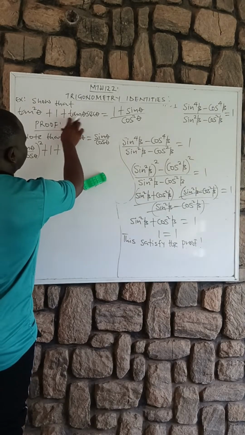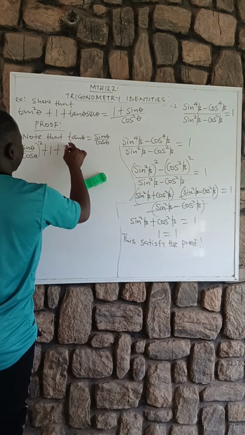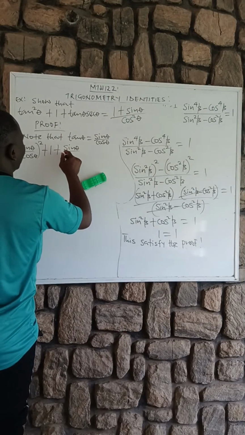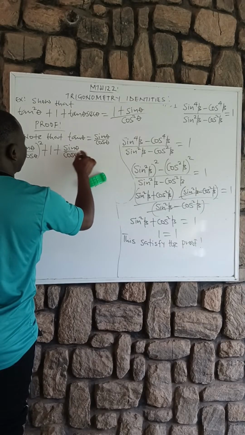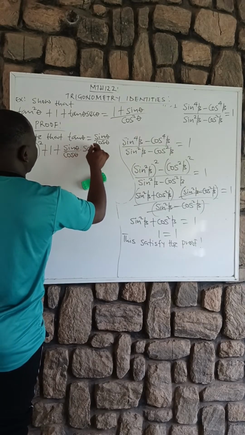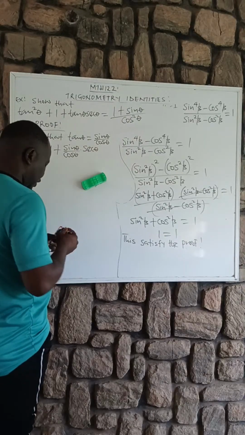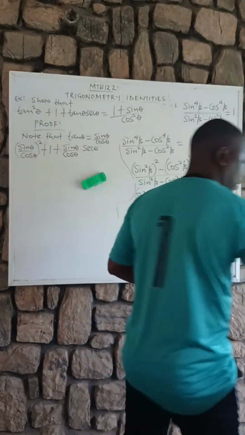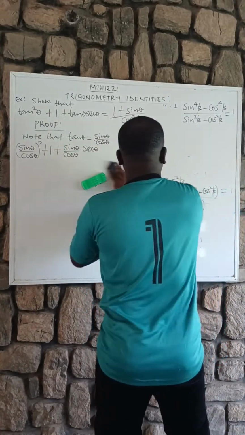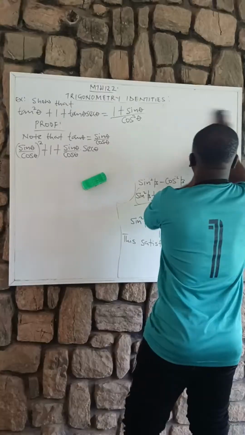Instead of tan theta, we write sine theta all over cos theta times sec theta.